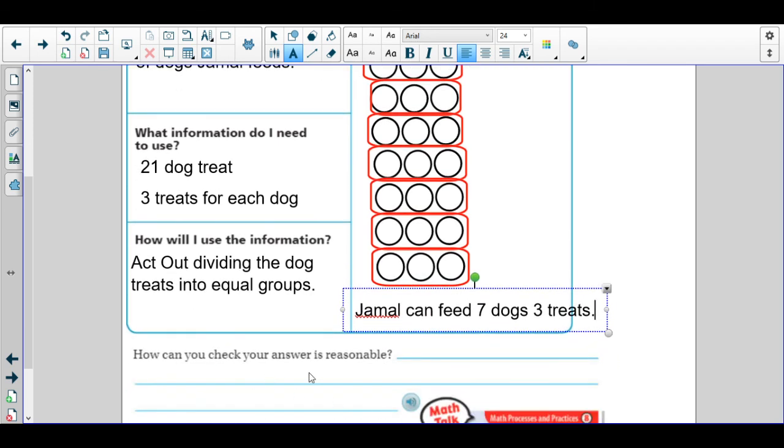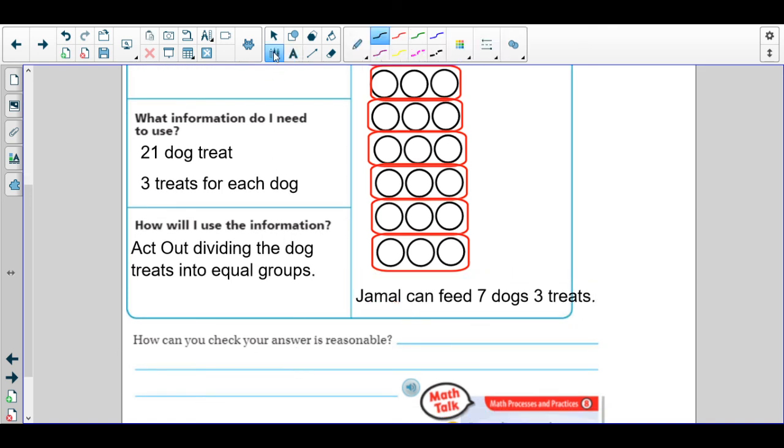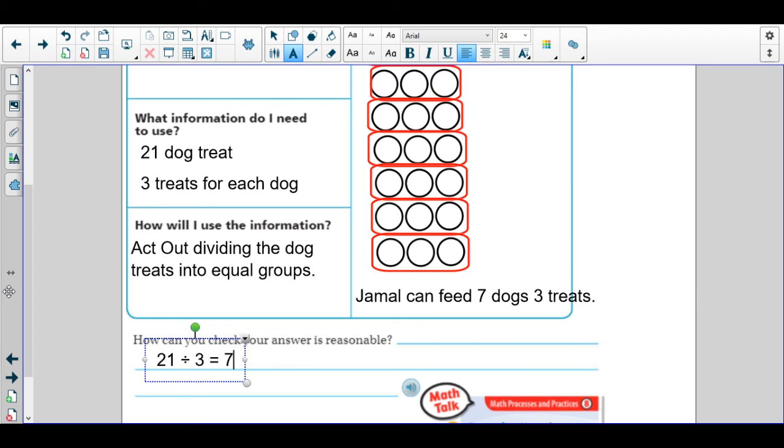Now, how can you check to make sure your answer is reasonable? Well, if I have 21 treats and I'm going to make sure that 3 treats go to each dog, so 21 divided by 3 equals 7.